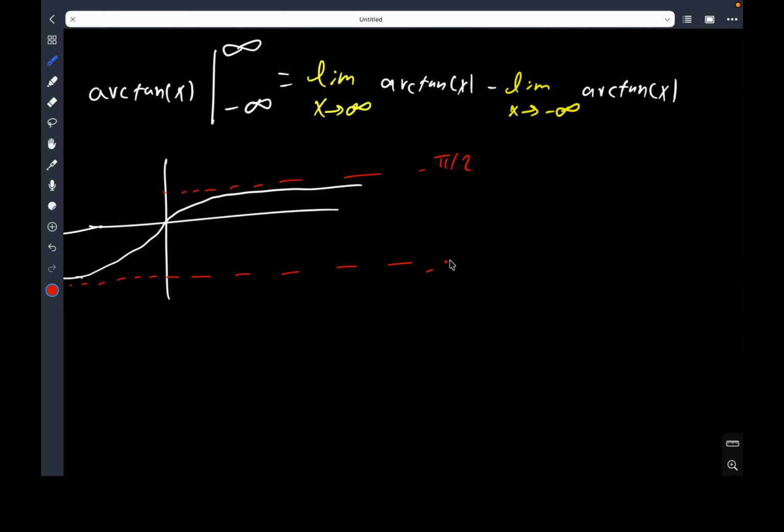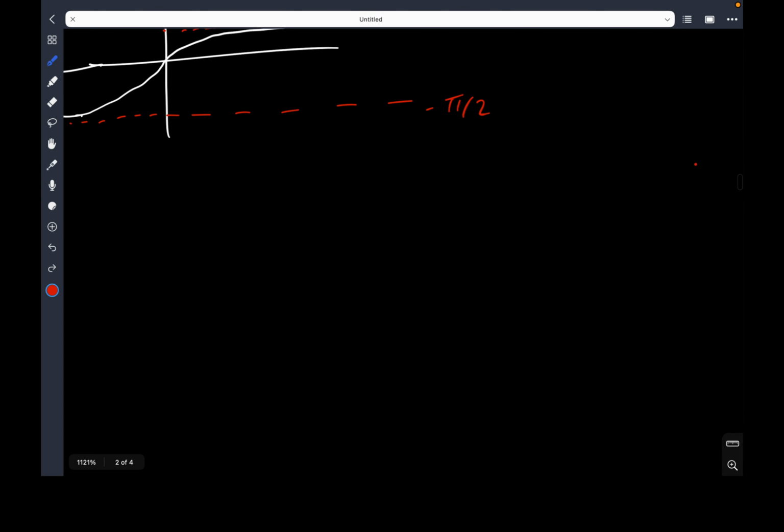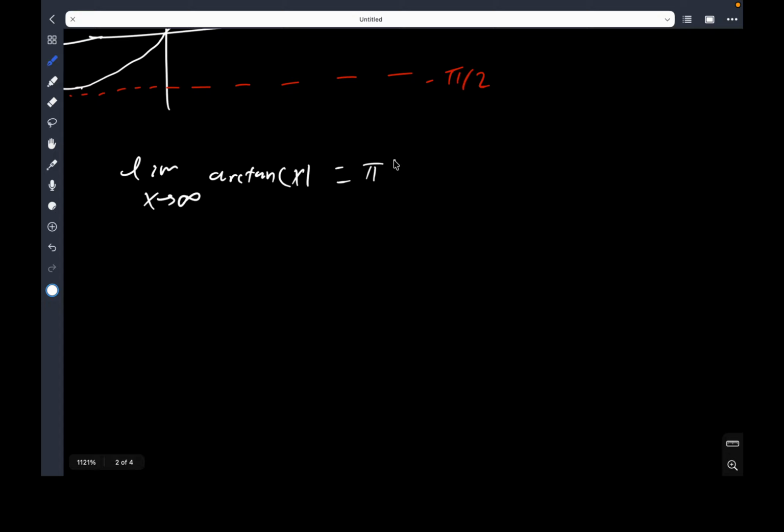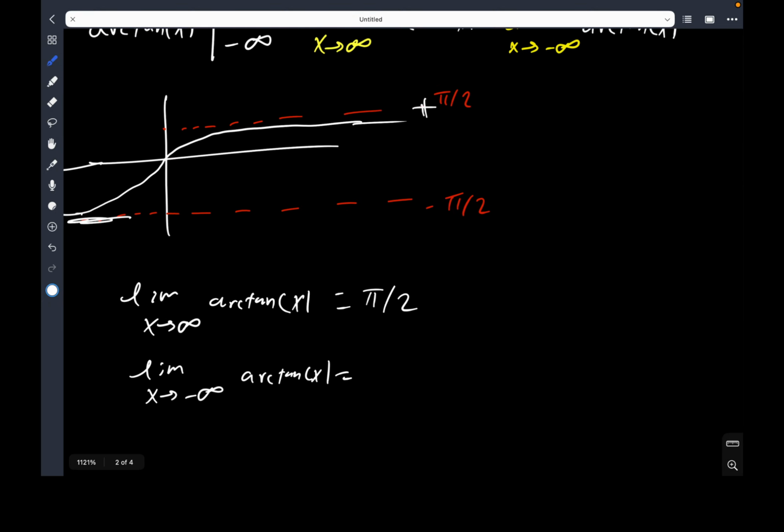Thus, the limit as x approaches infinity of arctan of x is pi over 2, and the limit as x approaches negative infinity of arctan of x is negative pi over 2.